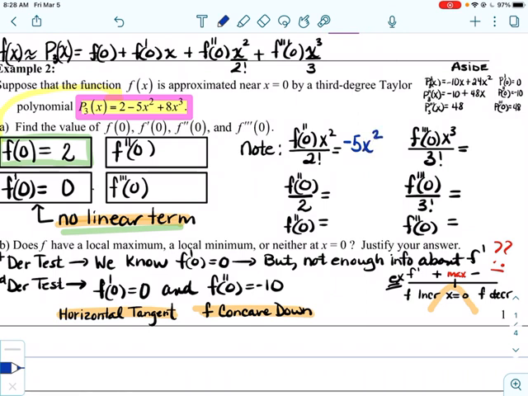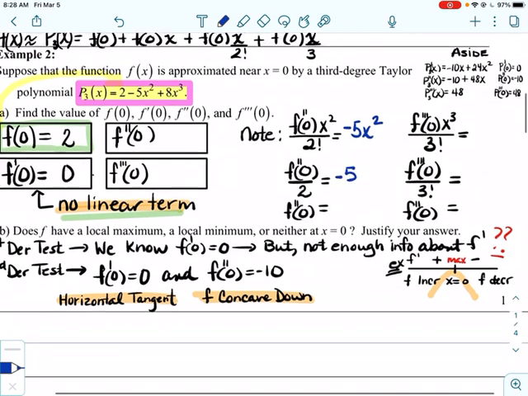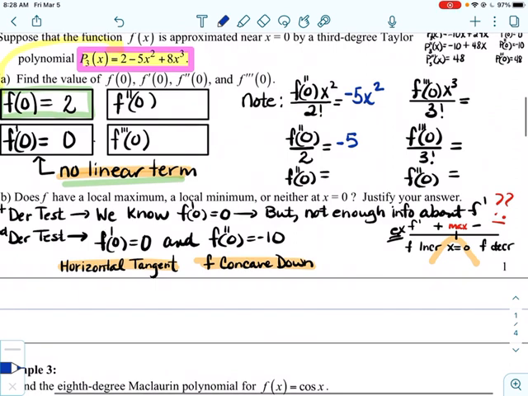So then f double prime of 0 over 2 factorial, or just 2, is equal to negative 5, just dividing out by x squared. So then I know that f double prime of 0 is equal to negative 5 times 2 factorial. I like to stick with the notation there, but it's still just 2.